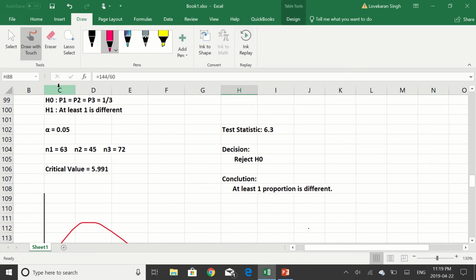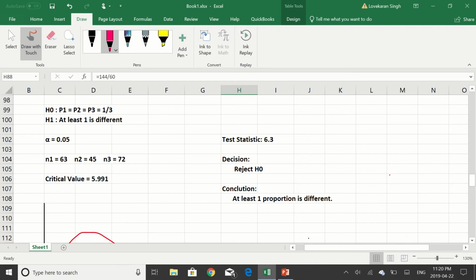We have the null hypothesis that all of the perceptions are the same, and H1 that at least one perception is different, and our significance level is 0.05.